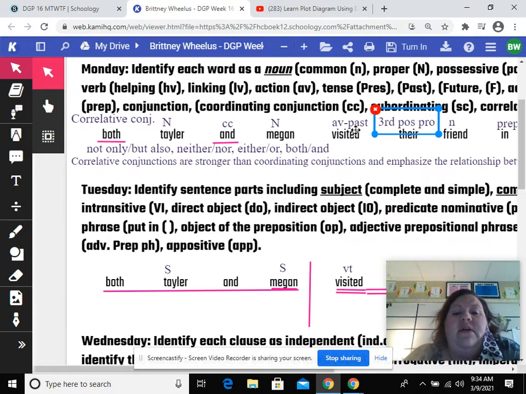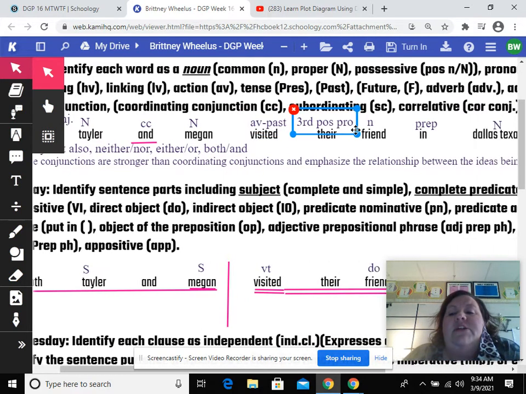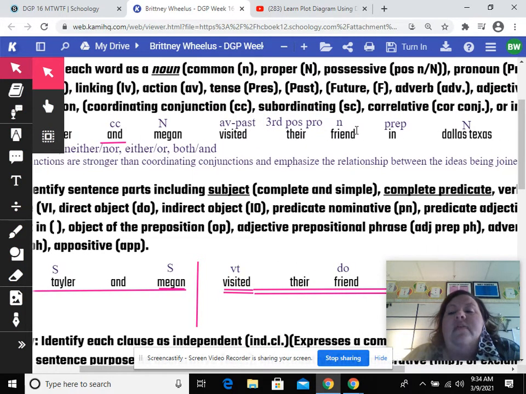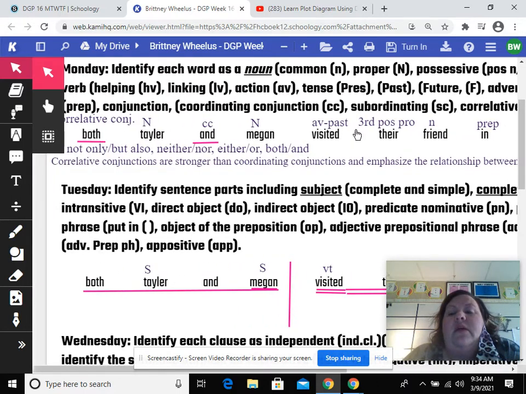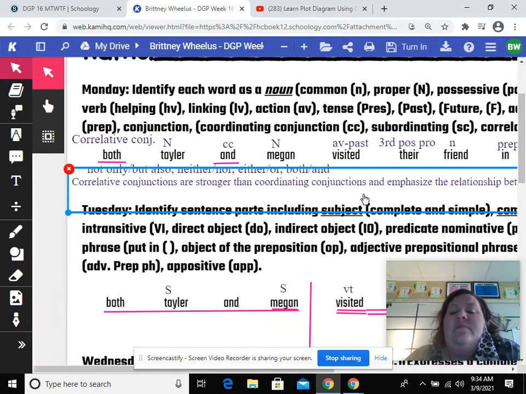Correlative conjunctions are stronger than coordinating conjunctions and emphasize the relationship between the ideas being joined.